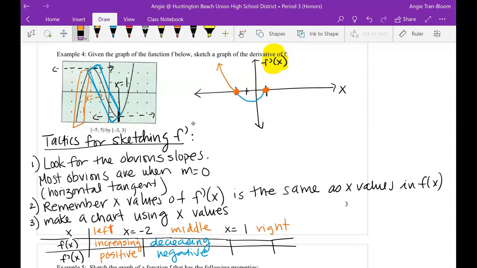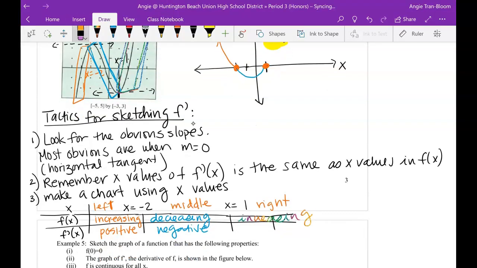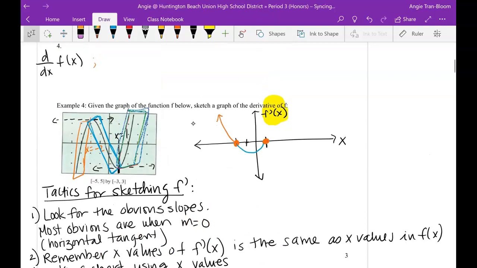Then what's happening on the right-hand side of x equals 1? That is increasing. Increasing again means f prime is positive. So what does that mean?